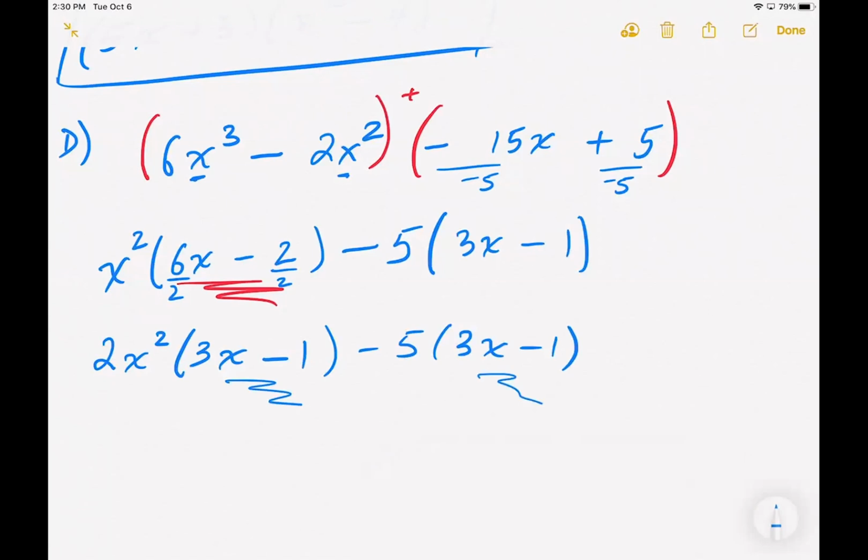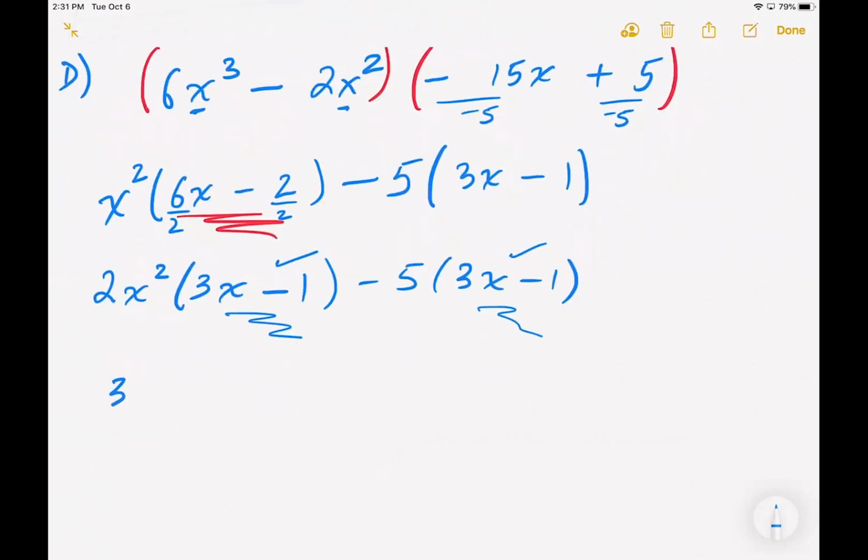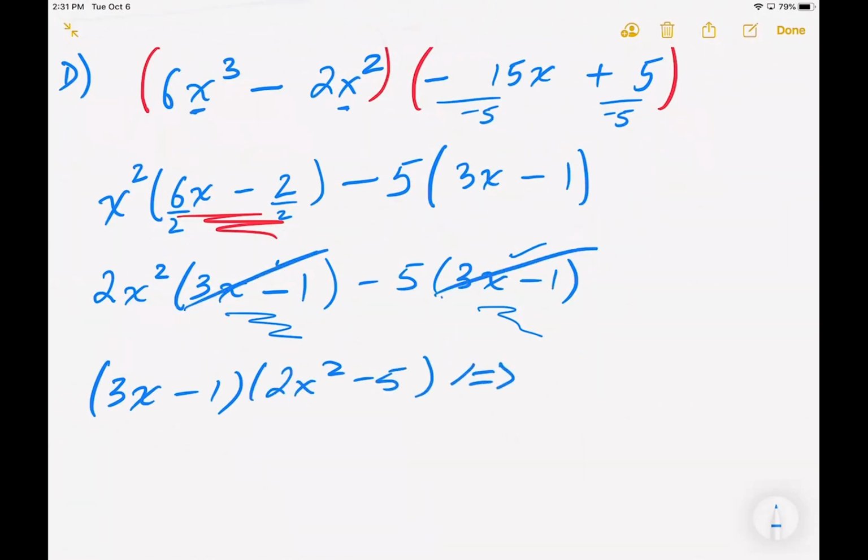The parentheses will be the same. So in this case, you see that we need to take out a 2x squared. And if we take out a 2x squared, everybody, in this case we have 3x minus 1 all over 2x squared minus 5. And yes, whoever wrote this item here, it is the same.